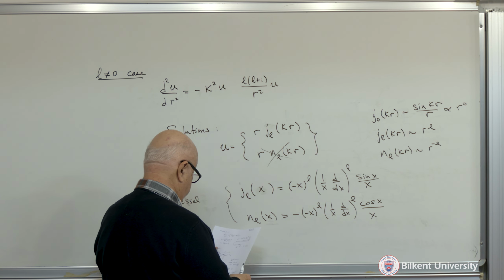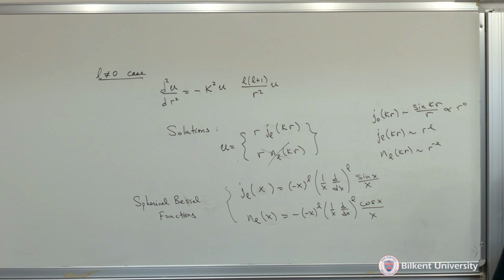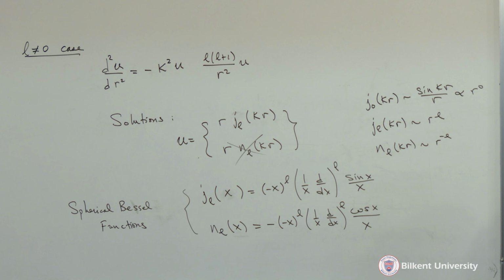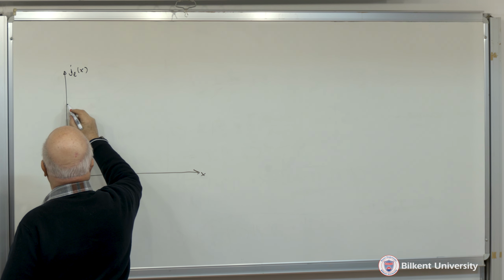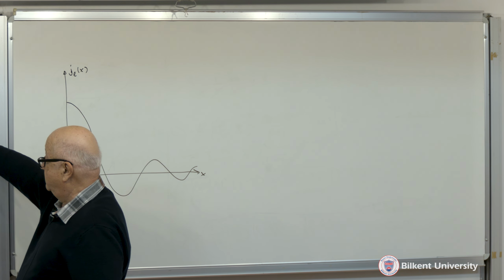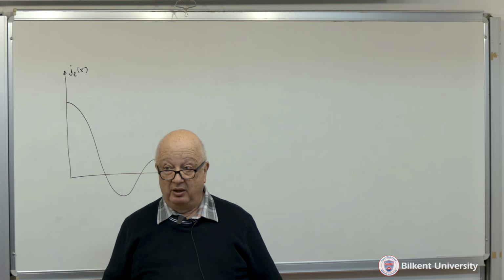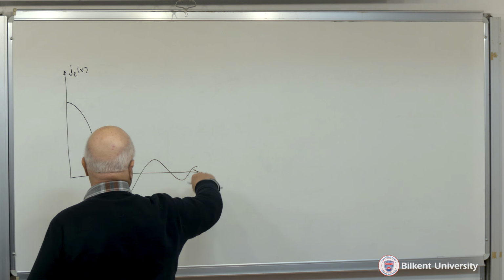Okay, what else do I want to say? Well, how do these things behave? Semi-quantitatively, if I plot them as a function of x, it's going to be the J L of x's. So J0 is something which does something like that. It goes like sine KR over R, so it's a constant, but then it decays like 1 over R oscillating.